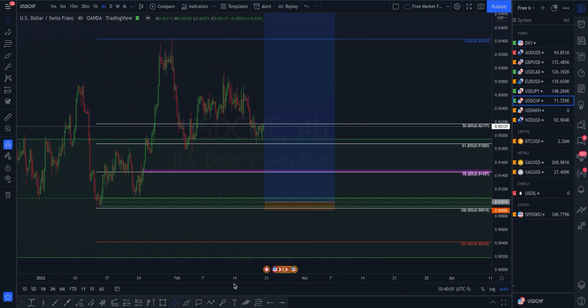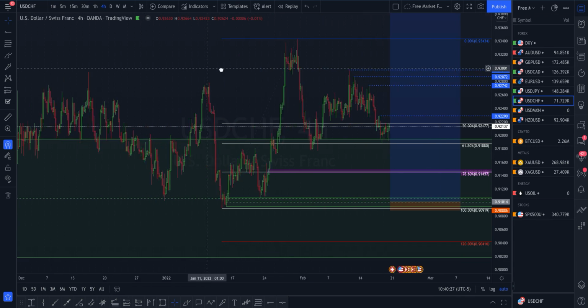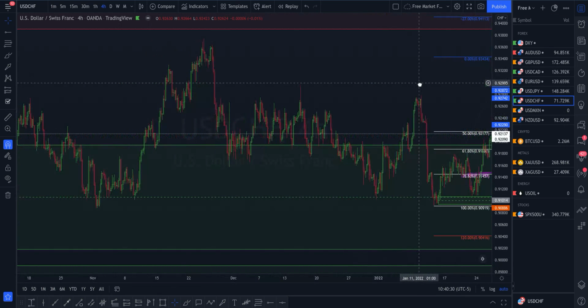So let's take a look at where we could take partials at. Possibly take a partial there. Partial at this high. Partial at this high. Partial at that high. Of course, partial at the 0%.